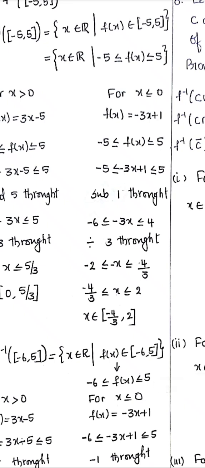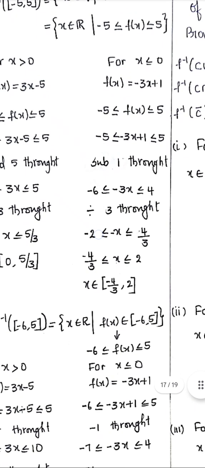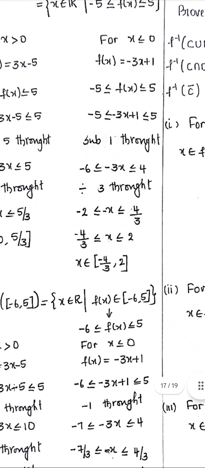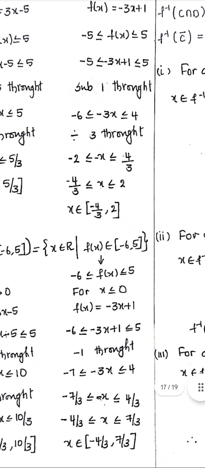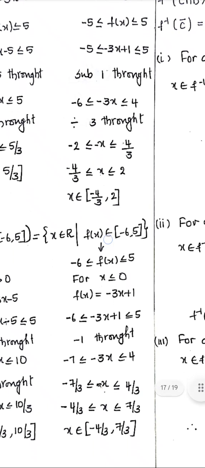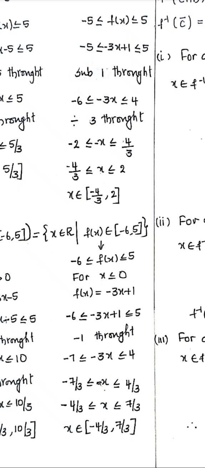For this as well, f of x equals minus 3x plus 1, so minus 5 less than or equal to minus 3x plus 1 less than or equal to 5. Subtract 1 on both the sides. So it will become minus x, here it is 4 and divided by minus 3. If we divide by minus 3, it will become some different value.